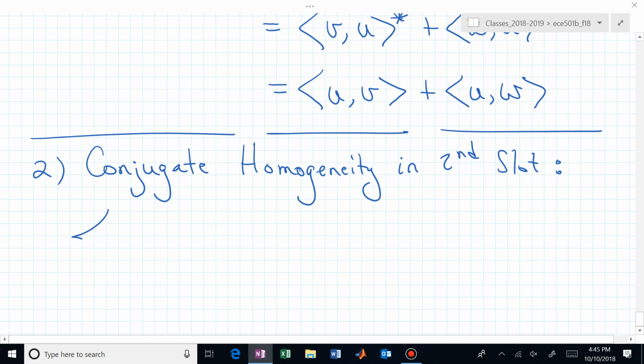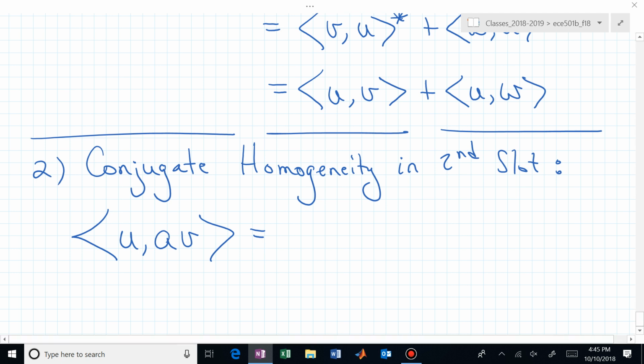Suppose now that we have u, av. Now we're scaling the vector in the second slot. Well, we don't know how to work with a scaled second slot, but we do know how to pull it out of the inner product if we get it in the first slot, and we know how to switch the orders, conjugate.